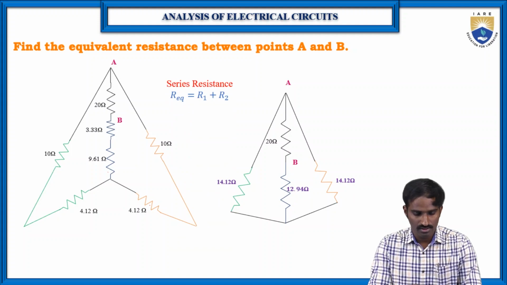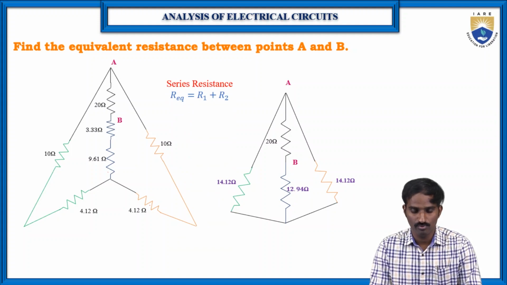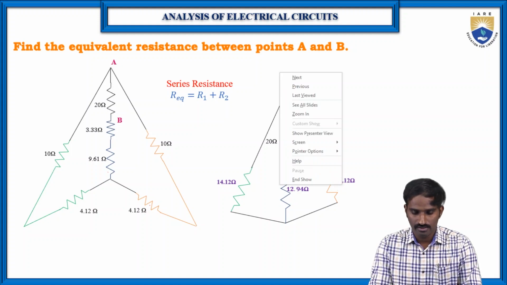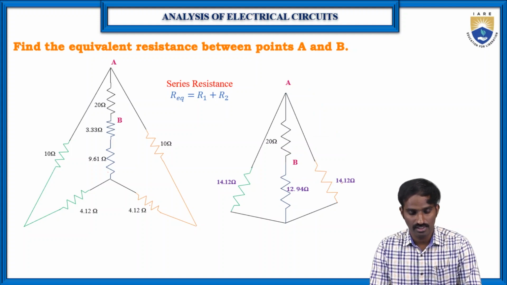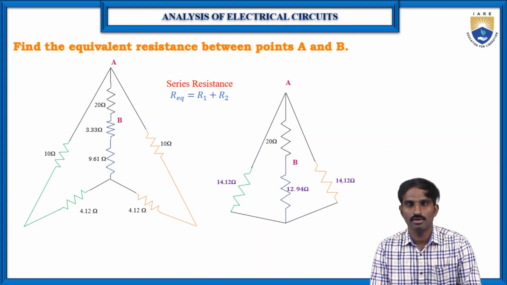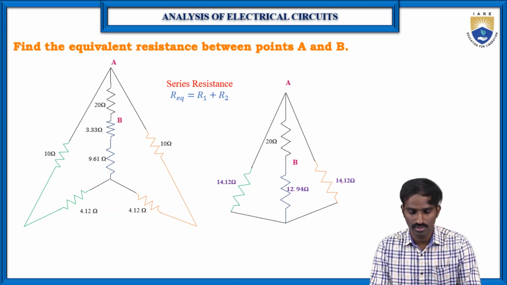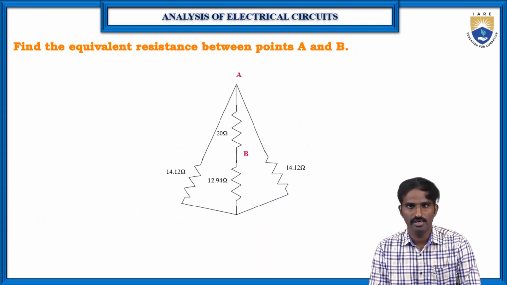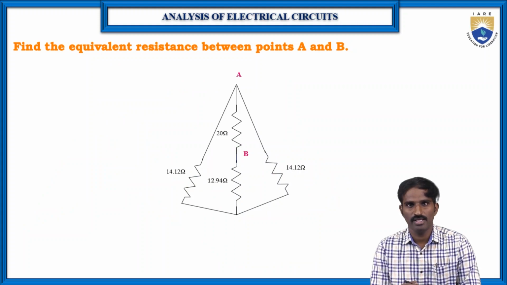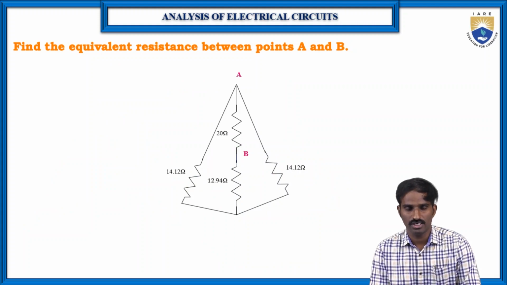Here 10 plus 4.12 is 14.12, and 10 plus 4.12 is 14.12, and here 9.61 plus 3.33 is 12.94 ohms. Sorry, not amperes. So 14.12 ohms, 12.94 ohms and 14.12 ohms. Now this is our final network after applying the delta to star transformation.